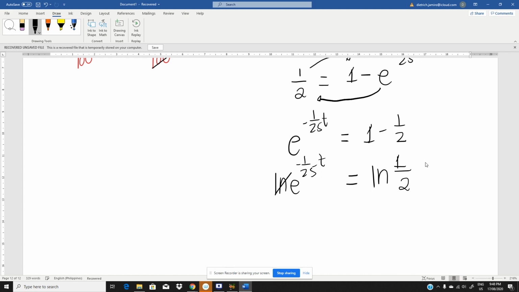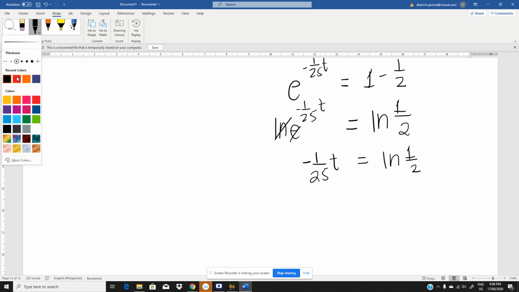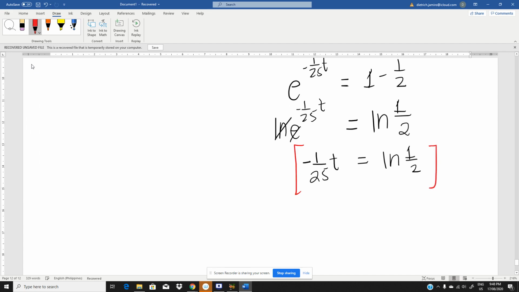And then ln and e will cancel out, so we will have negative 1 over 25t is equal to ln of 1 half. Solving for t, we multiply this by negative 25. So t is equivalent to negative 25 ln of 1 half. Solving this, t will become 17.33 minutes.